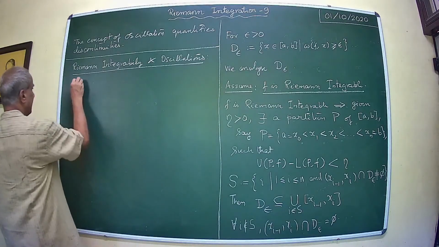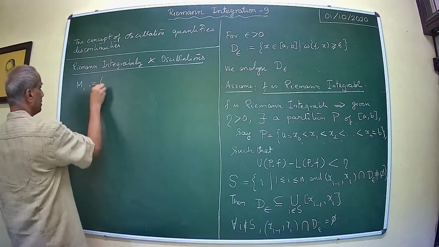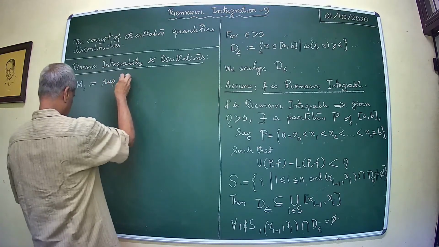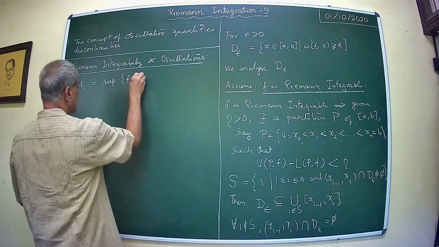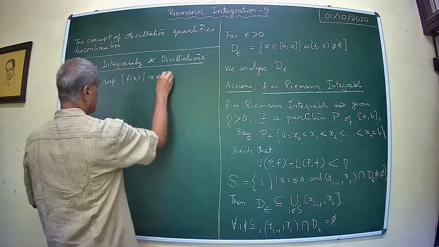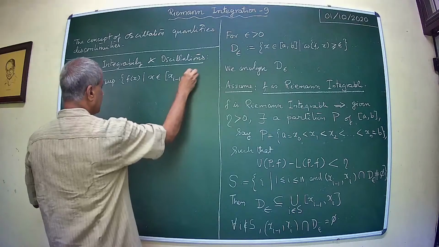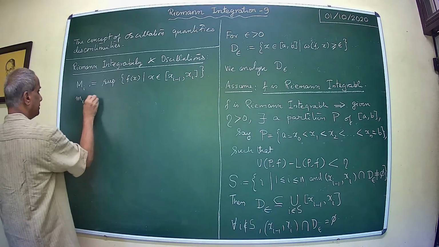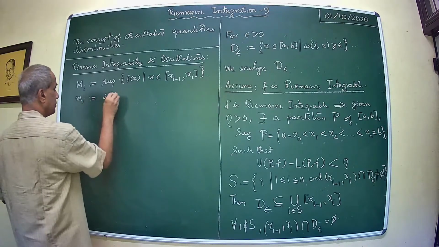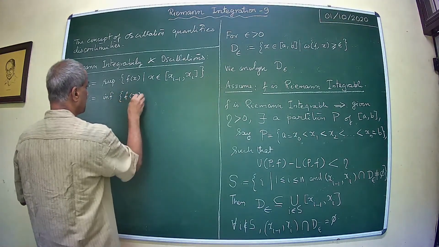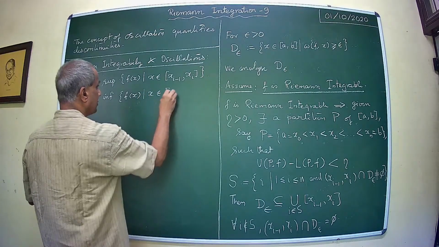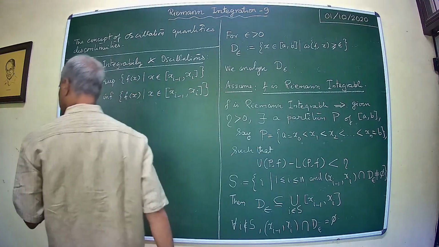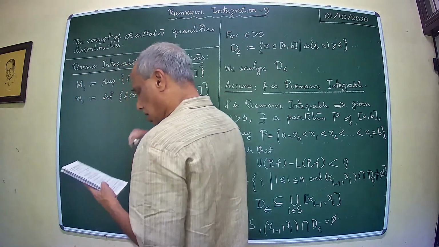Now let M_i denote the supremum of f on the interval and small m_i the infimum; this is the usual definition of M_i and small m_i.